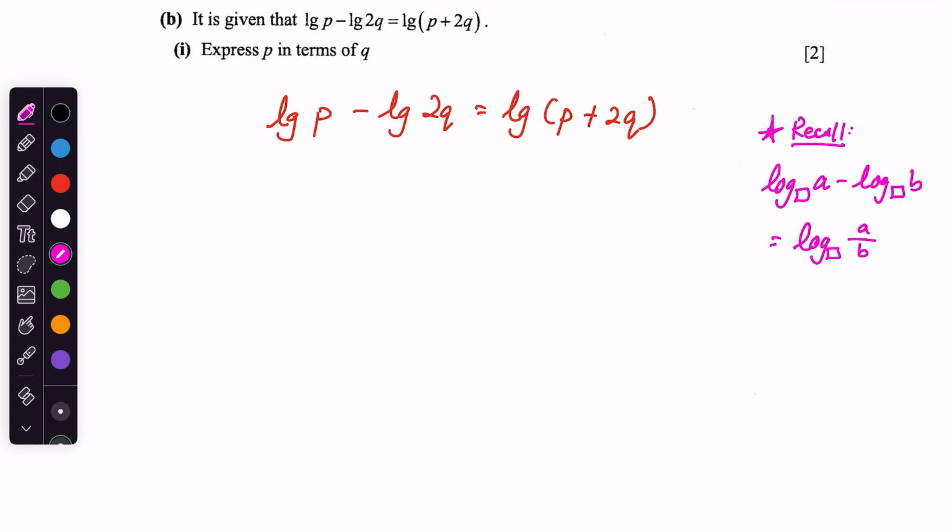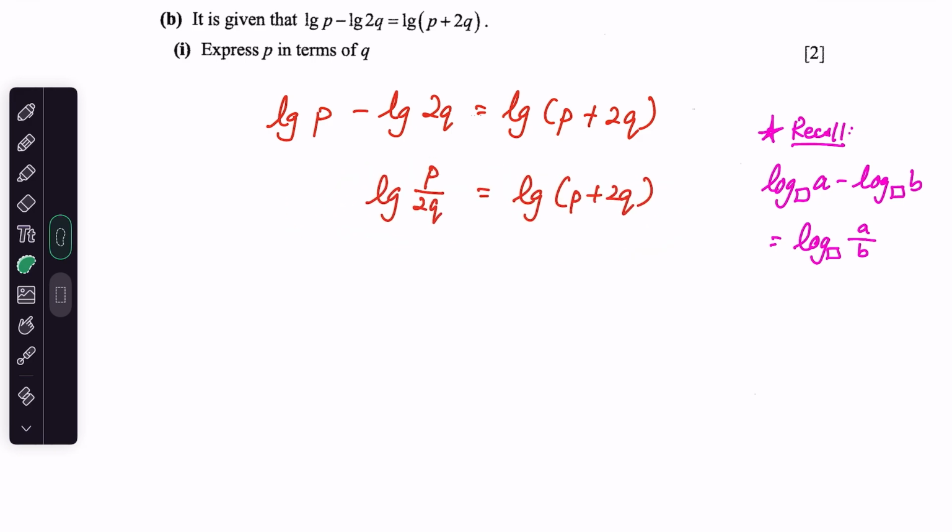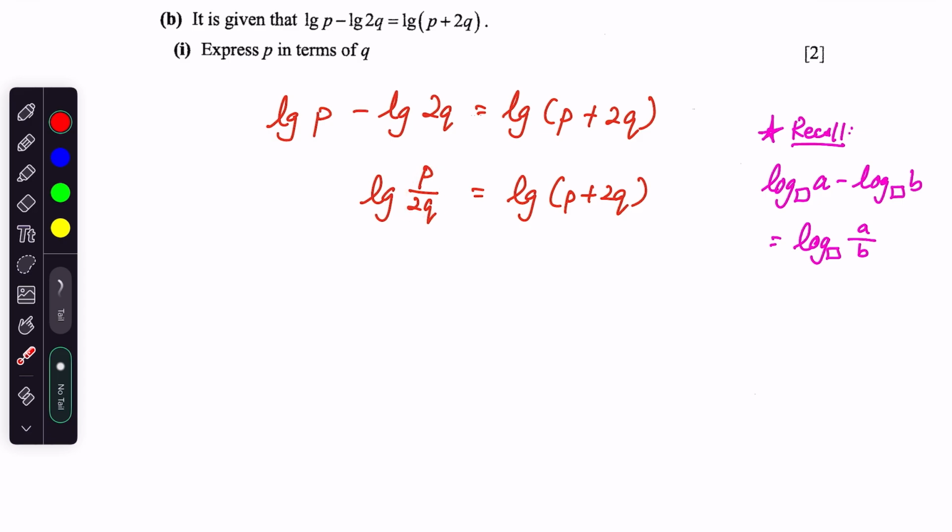So I'm going to do this to the left hand side. I will have P over 2Q equals log of P plus 2Q. Okay, once I get to this step, I have log something, right? And LG is actually base 10.